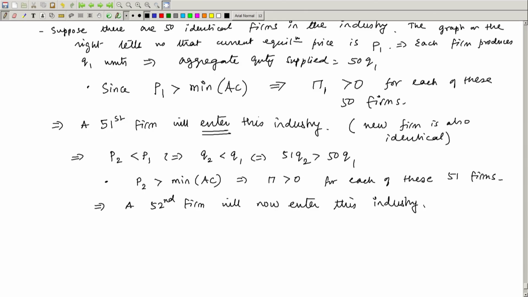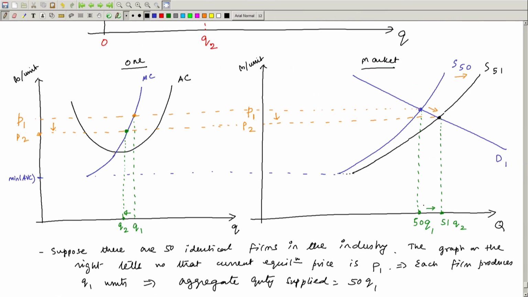If a 52nd firm enters the industry, and let us again for simplicity assume that this 52nd firm is identical to these 51 firms, what will happen? That will again shift the marginal cost curve to the right. So, the marginal cost curve now again will move to the right, S52, that will again lower the price. So, the cycle will again repeat.